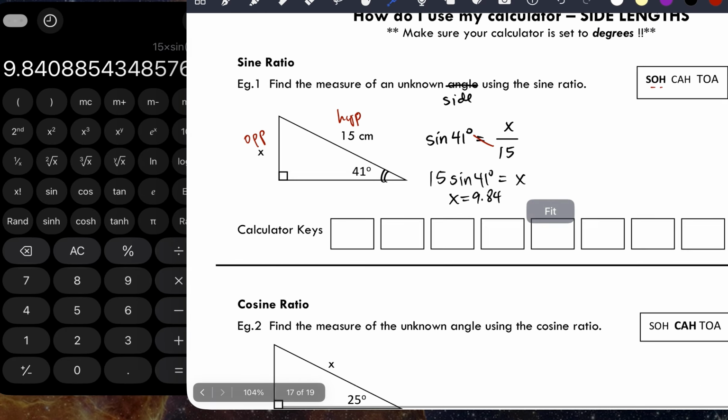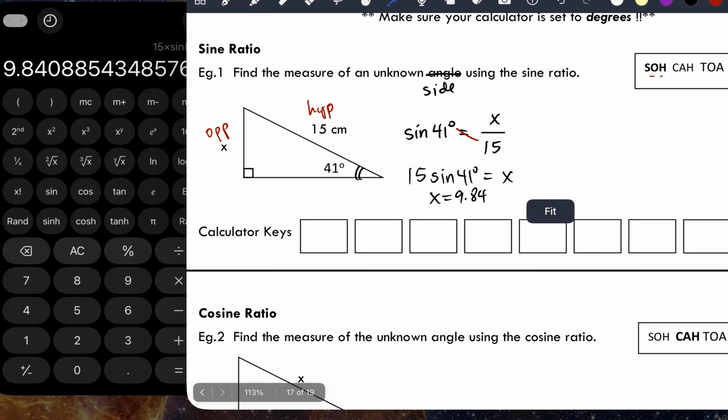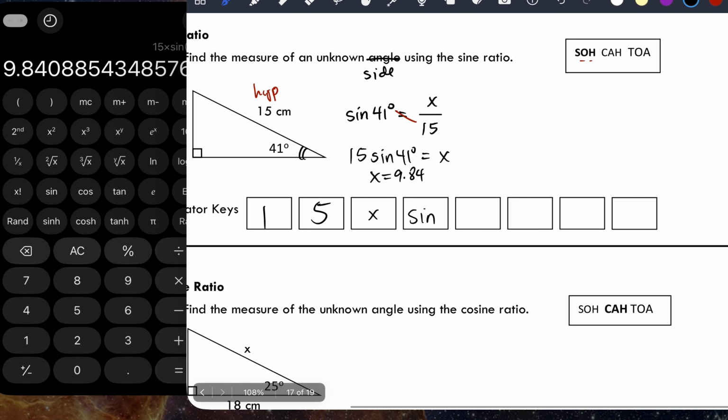Okay. Now, it might be a good idea to write down what you're doing for your calculator keys in case you have a different calculator. For mine, I'm entering 15 times sine of 41, and then equals, and you get your answer.